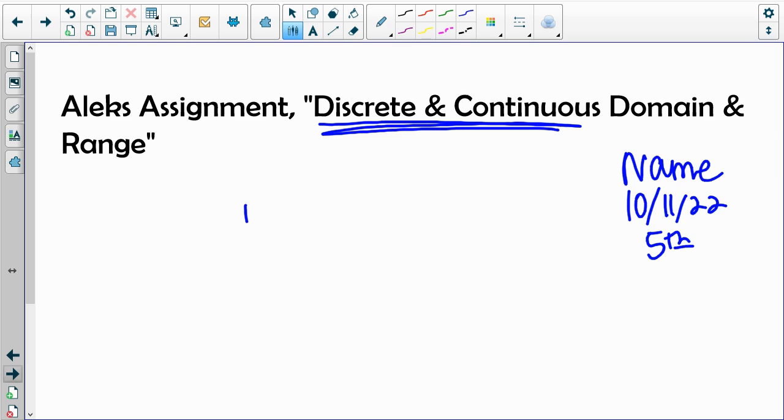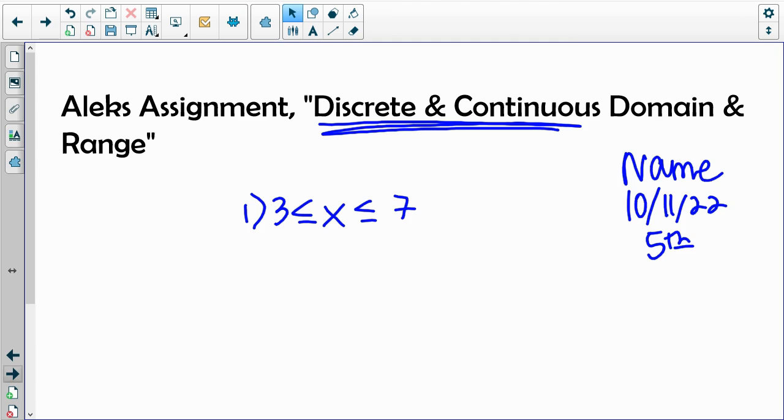Okay, so I do want to see on your paper, and in fact, it's just helpful to write it on your paper, so then you know how to enter it into Alex. Sometimes when you start entering it in, you have to enter the 3 first, and then the less than or equal to, then the X. So it's just helpful, you've got to write them anyway. So write them first, and then finish them off.